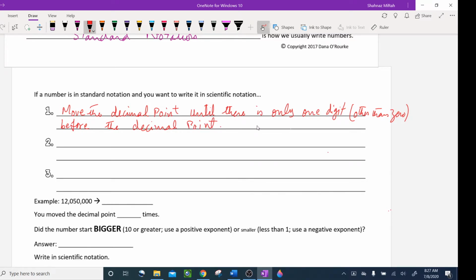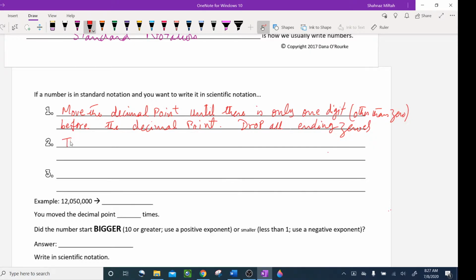Drop all ending zeros. Okay, so I'm writing these steps, but when I give you an example, I will go step by step and use each one of them.